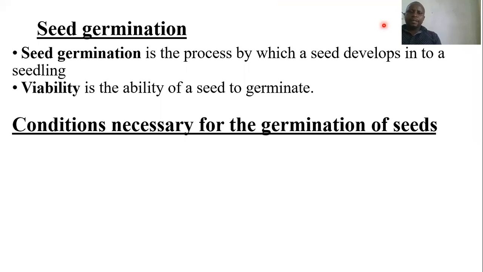You might have mentioned some conditions like water, oxygen, warmth or temperature, enzymes, hormones, and viability. All these are the conditions that are necessary for germination to take place. We shall discuss the role of all these conditions, which are very important in seed germination.